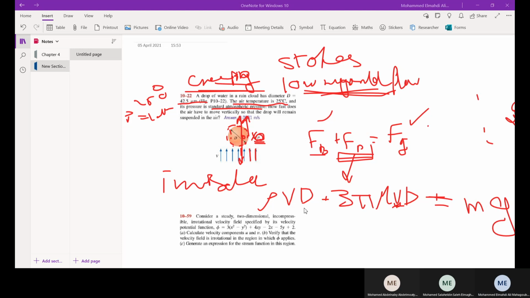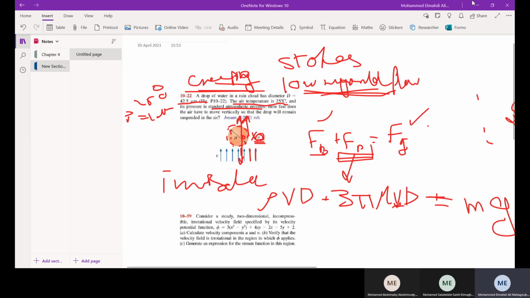Rho multiplied by g multiplied by the volume. Rho g d squared pi over 6, multiplied by the volume multiplied by g, not D. Oh, sorry.